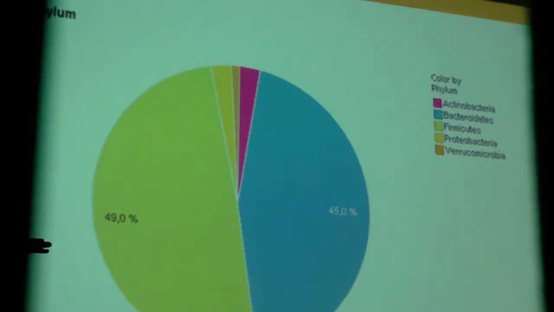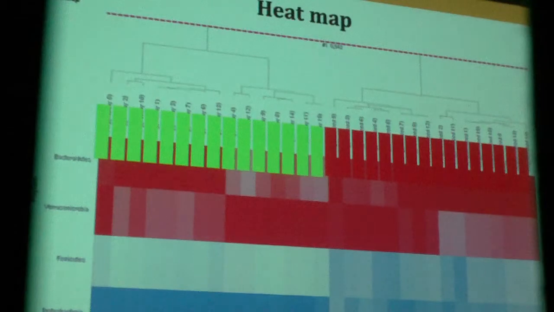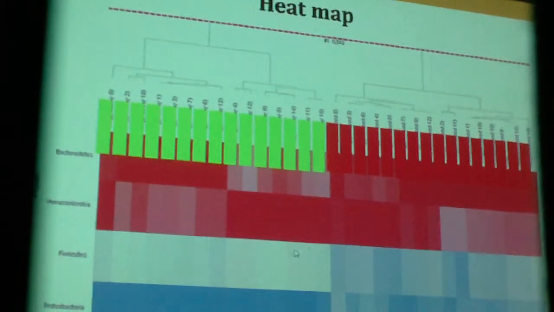If you look at the same picture then, you really see a good discrimination between diseased and healthy. And if you look at all the major groups represented over here, in this group, the firmicutes, you really see a difference between the diseased and healthy.